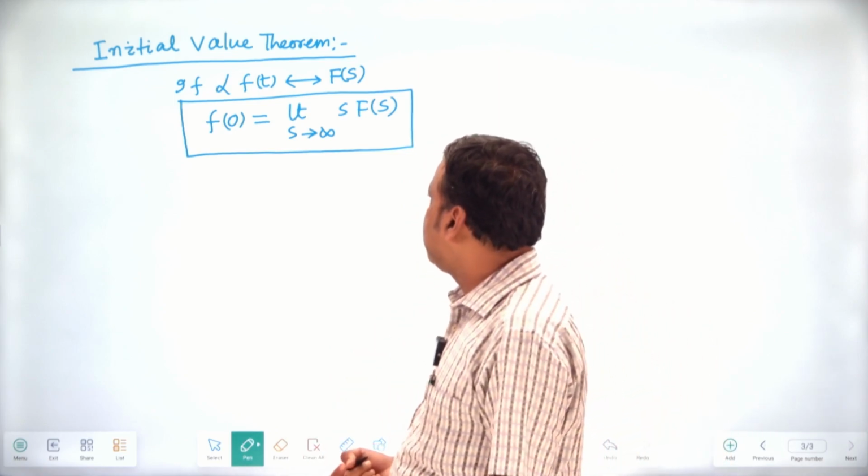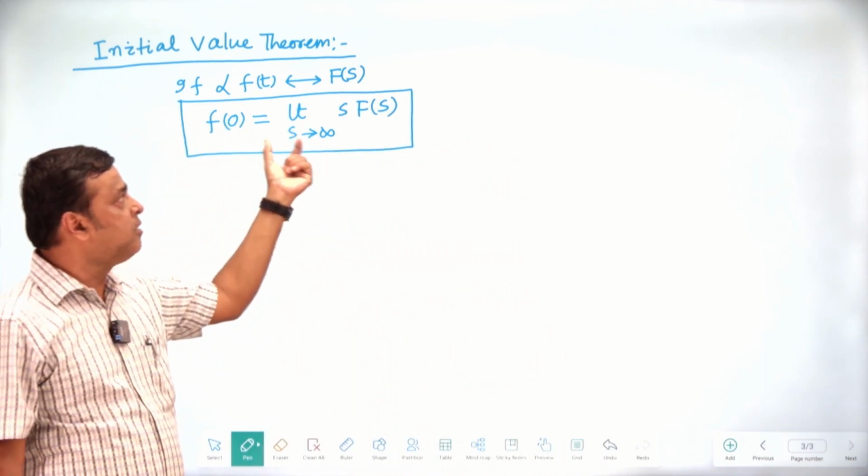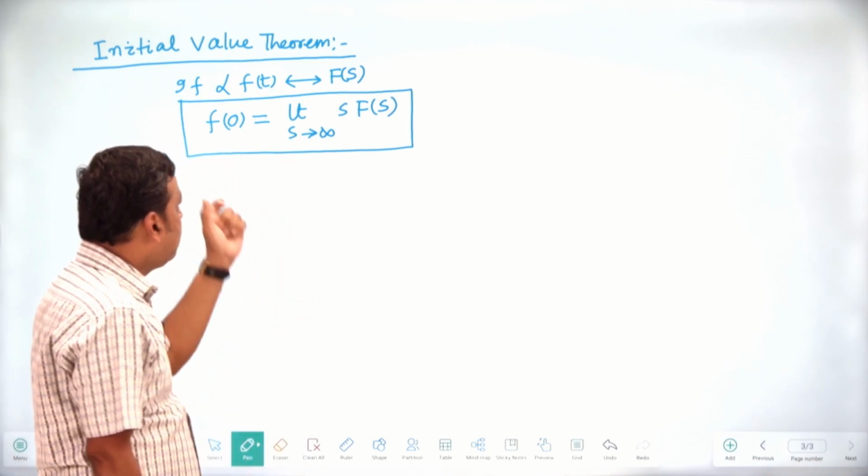In the case of the initial value theorem, the initial value f(0) equals the limit as s tends to infinity of s F(s). How to prove it?